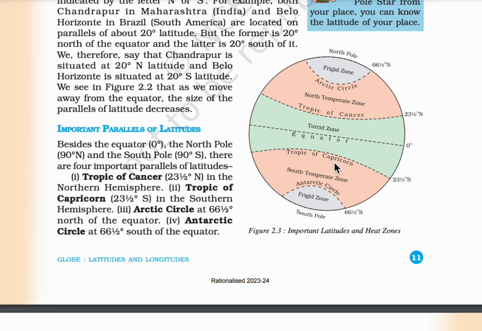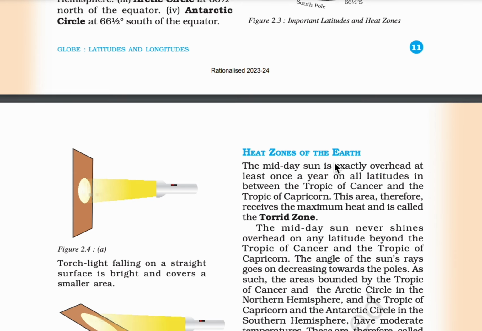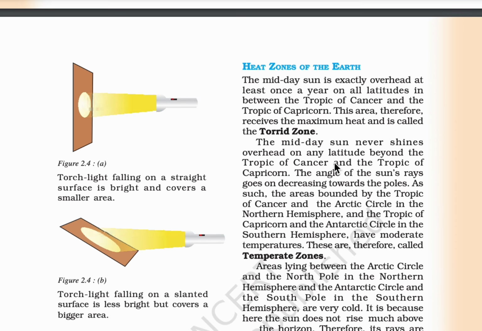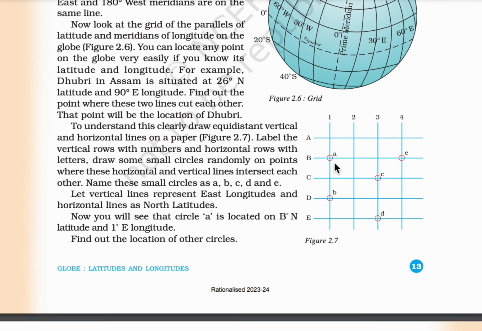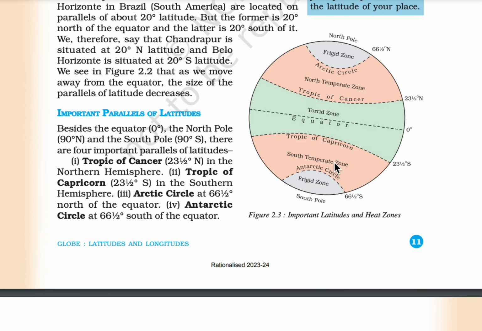Now let's learn about the heat zones. This is one of the important topics. Look at the picture over here. The torrid zone, the temperate zone, and the frigid zone are the three different types of heat zones.